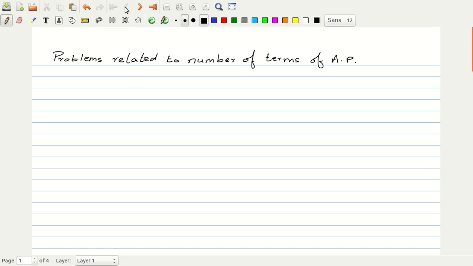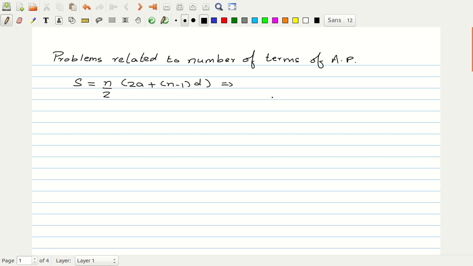First of all, we know the formula for the sum. The sum is given by S = n/2 times (2a + (n - 1)d).